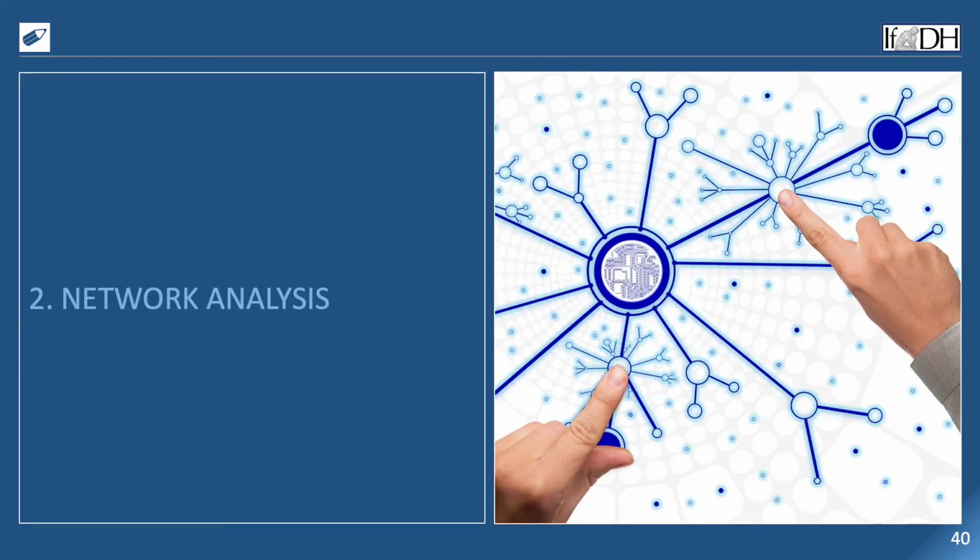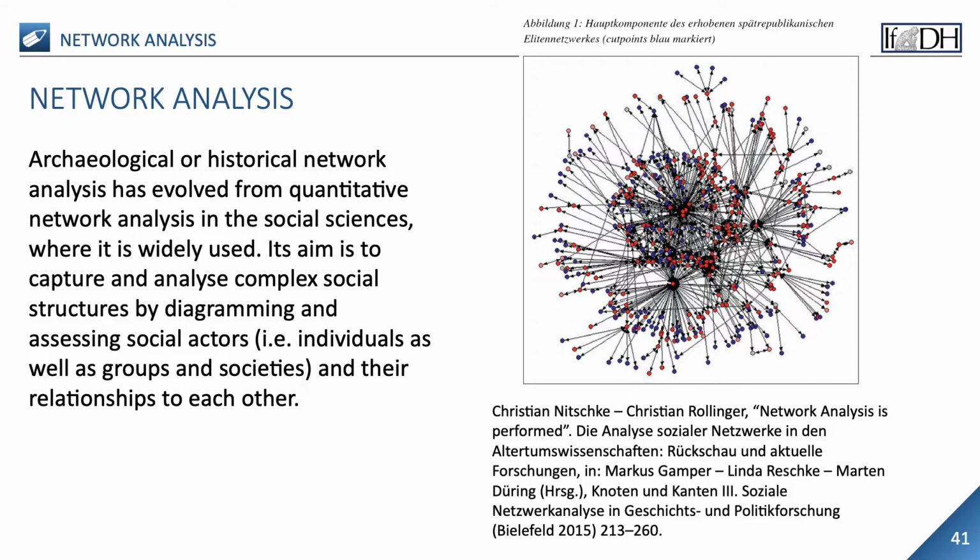Another excellent way to search for structures in big data is network analysis, which we will look at now. Networks consist of relationships in an information system. These can be, for example, the relationships between painters and their paintings, between family members, between communication partners such as letter writers, or between traders, customers, and goods, to name just a few examples.